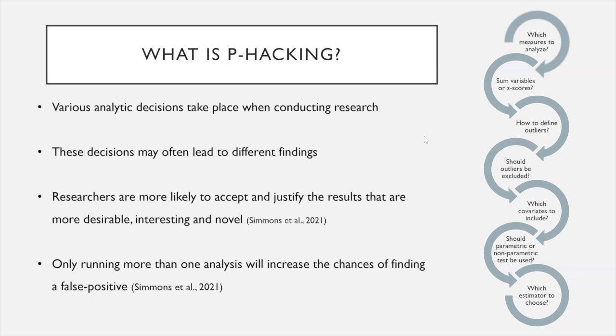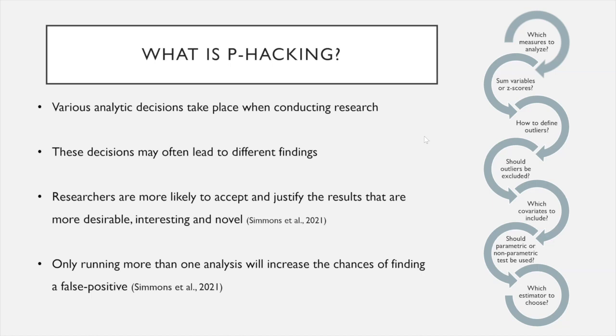So many times researchers don't make these decisions until data is collected. And at that time, they can realize that there are many valid ways to deal with the data. And these decisions may often lead to different findings. Decades of research on motivated reasoning tell us that researchers are more likely to accept and justify the results that are more desirable, interesting, that are novel.